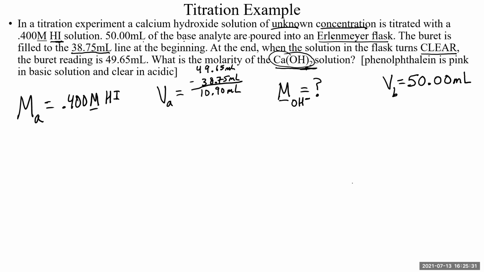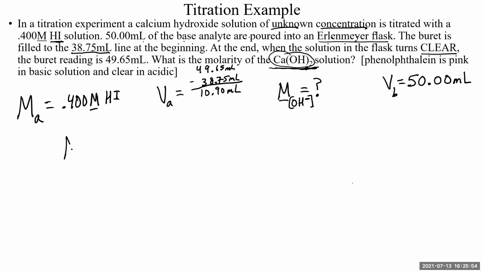That's what I'm actually solving for. In fact, it might even be more honest to say bracket hydroxide ion, because that's what I'm actually solving for. I'm not solving for the actual calcium hydroxide. I'm solving for just hydroxide. If I want to know the molarity of calcium hydroxide as a whole, as a compound, I'm going to have to make an adjustment. Well, let's first figure this out.